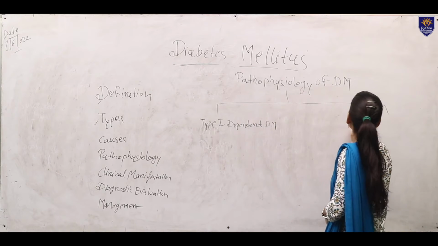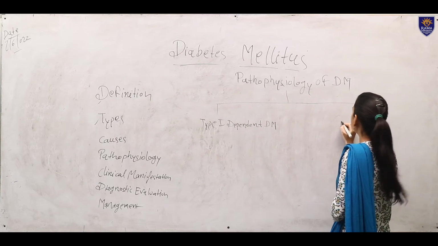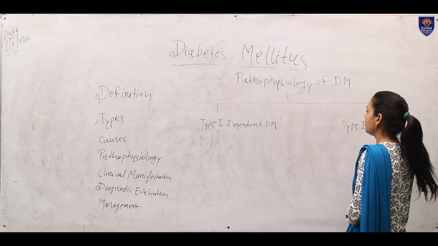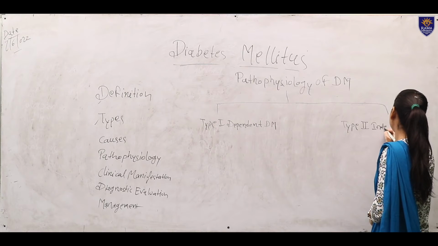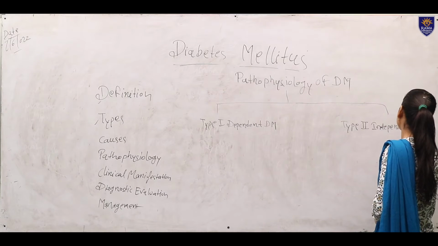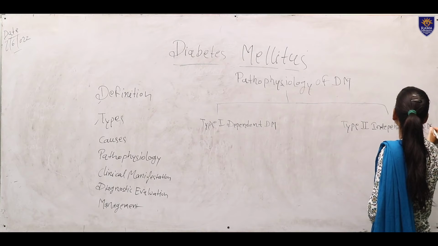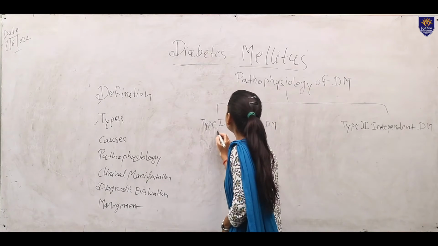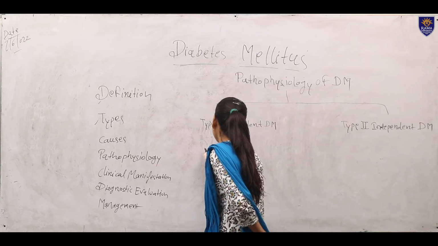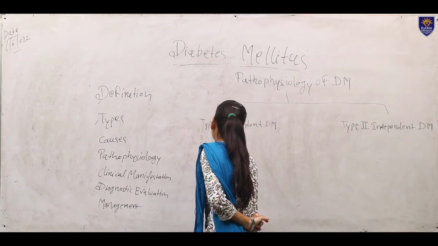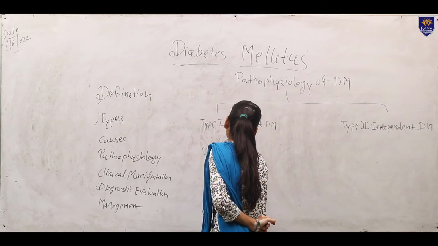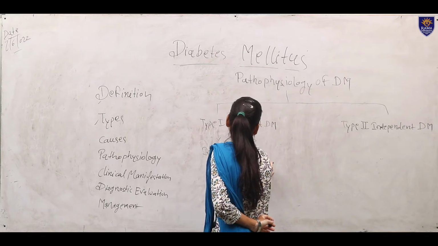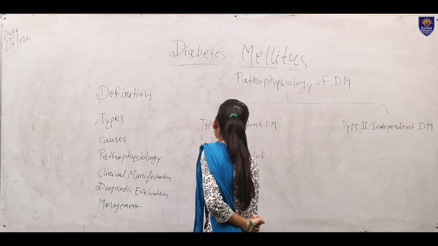After that, the second part of pathophysiology, type 2, independent diabetes mellitus. So in the first type, dependent diabetes mellitus, there is an increased level of blood glucose.